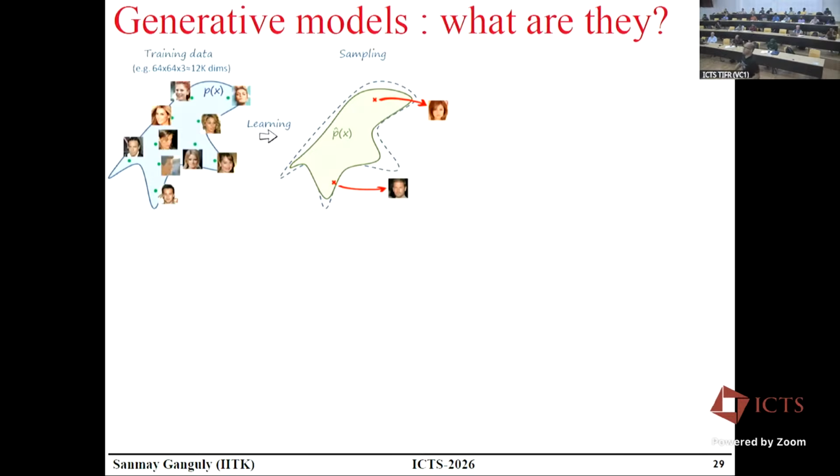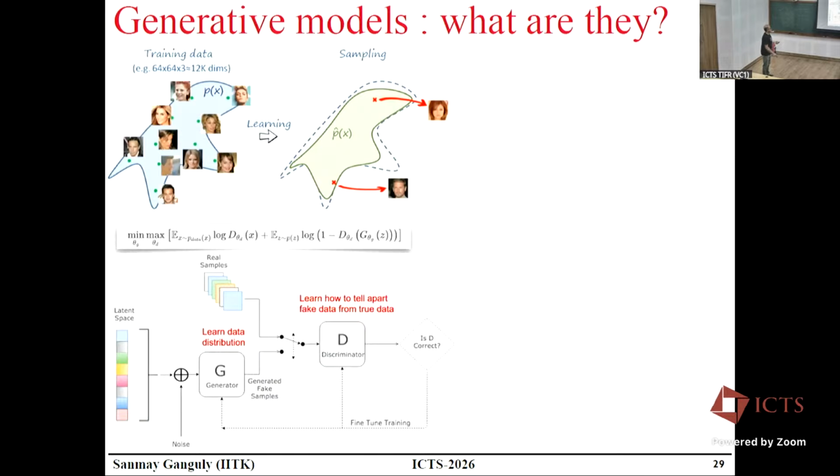So let's say here we have certain images of human faces. It's all over the internet. But now, if there is a pattern among these images, and I don't know, can I do a sampling from such probability distribution? So first, these are the tasks of a generative model.